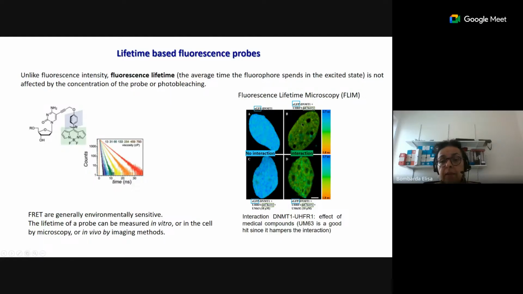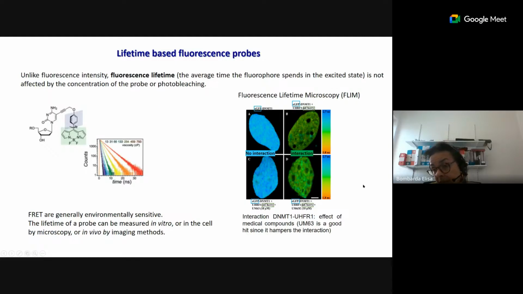So no FRET. And now we add this compound, and we see that when we add this UM63, we see only the lifetime, practically only the lifetime of the donor. So that means that there is no interaction between these two proteins, because they cannot get close enough for allowing FRET, which is instead the case here.